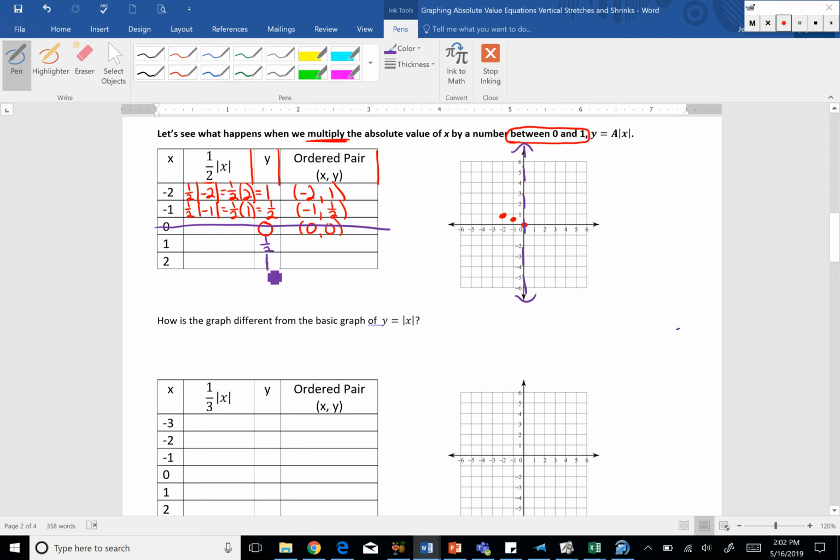If we look at it on the graph, this point is 1 away from the middle, so there's going to be a point right across from it that's 1 away from the middle. This point is 2 away from the middle, so there's going to be one on this side, 2 away from the middle.